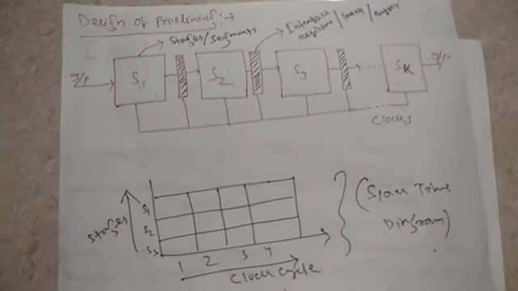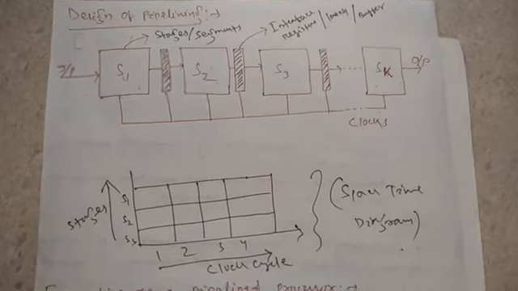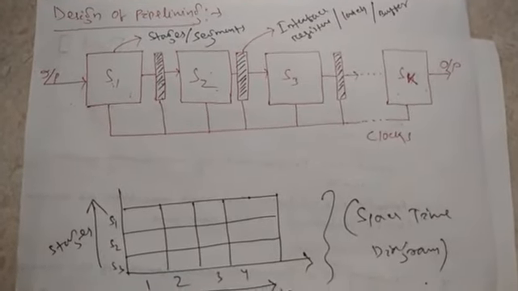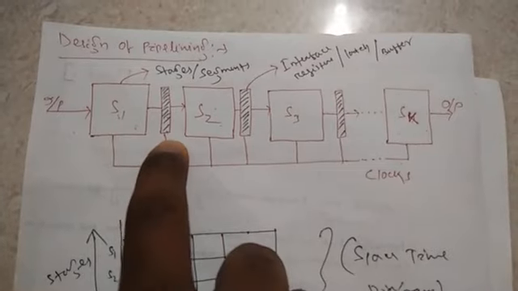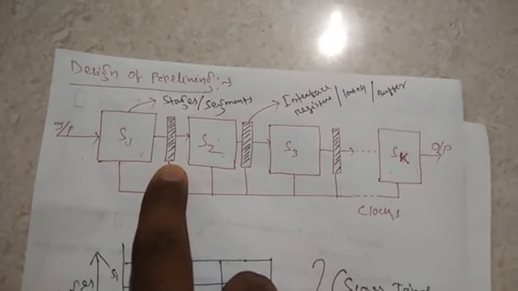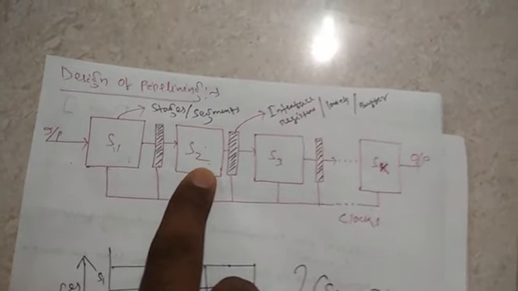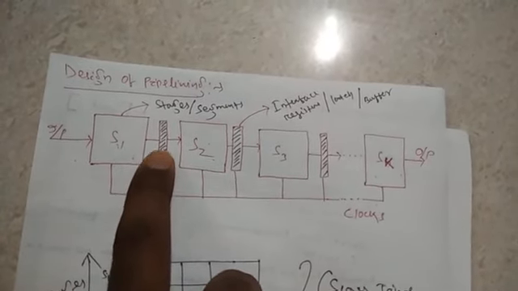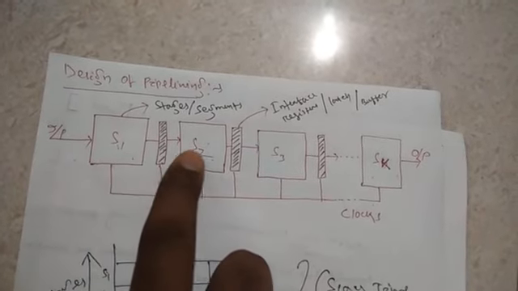Also we discussed the design of pipelining. The number of stages are there, and in between every stage there is a slice, which acts as an input of S2. It will hold the output of S1 and the input for S2.